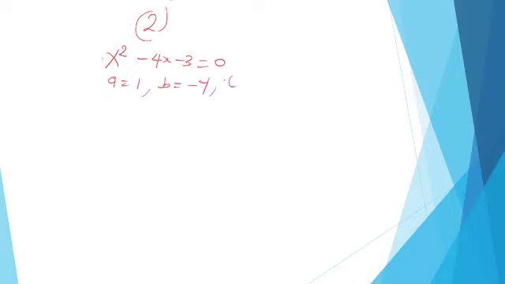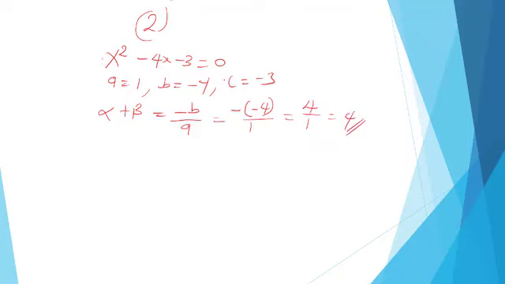Now sum of roots is equal to minus b all over a, which is the same thing as minus b is minus in bracket minus 4 all over a is 1, which is minus times minus is plus, so we have 4 over 1, which is equal to 4. And product of roots alpha beta, which is equal to c over a. Our c here is minus 3 and our a is 1, and minus 3 over 1 is minus 3. So we've gotten the sum and product of such equation.